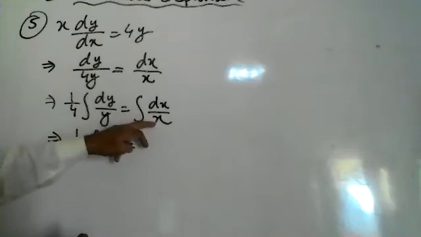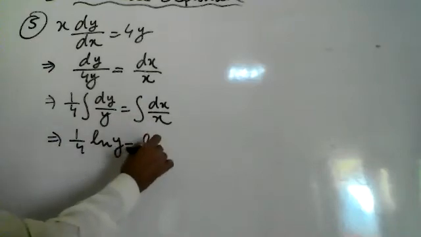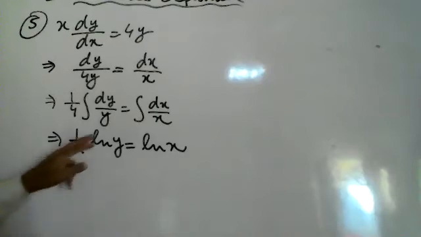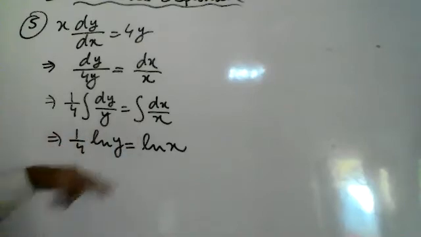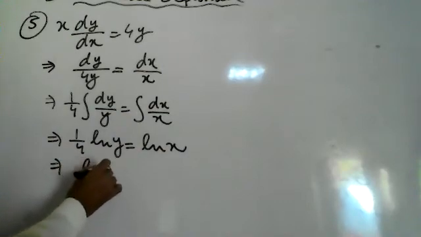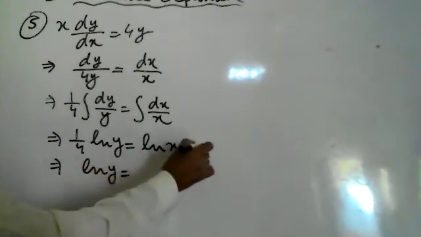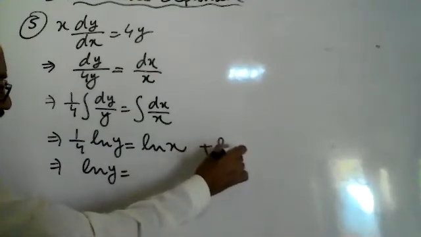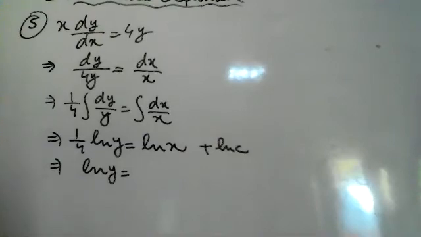The integral of 1 upon x is ln x. If we take 4 on that side, 1 upon 4 will be 4 upon 1. So ln y plus c. We may take ln c.